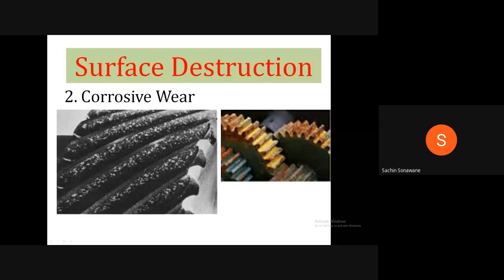Next is corrosive wear. This is the corrosion. Why does corrosion take place? All of us know. Whenever there is no lubrication, and suppose gears are lying idle in the open atmosphere, then oxygen is going to react with the material of the gear and corrosion will start.